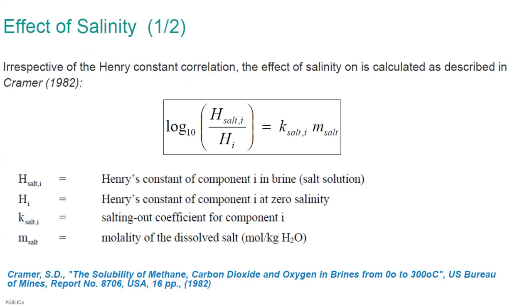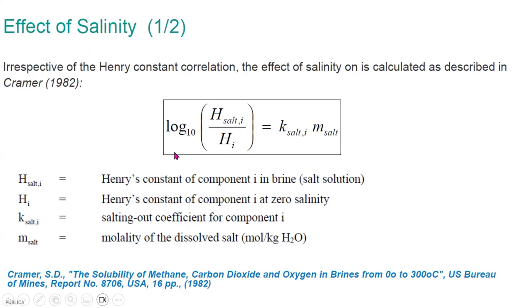For example, if you are working with geochemical reactions, you can generate more salt, more ions that can affect the initial value of your salinity. In this case, you need to update the Henry's constant because your concentration of salt changes over time.